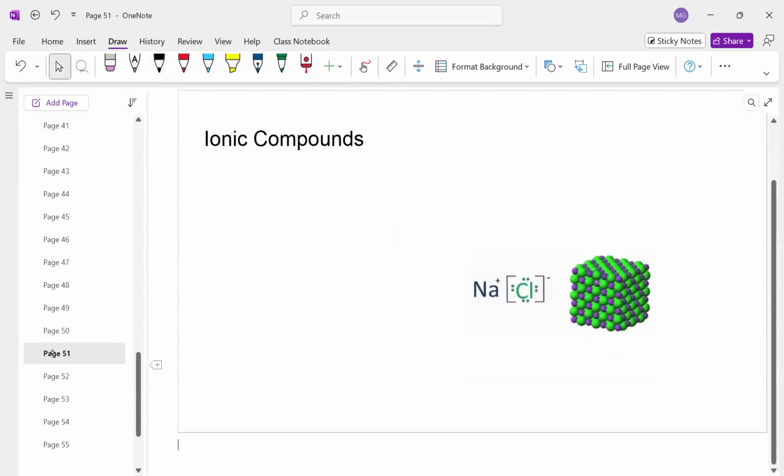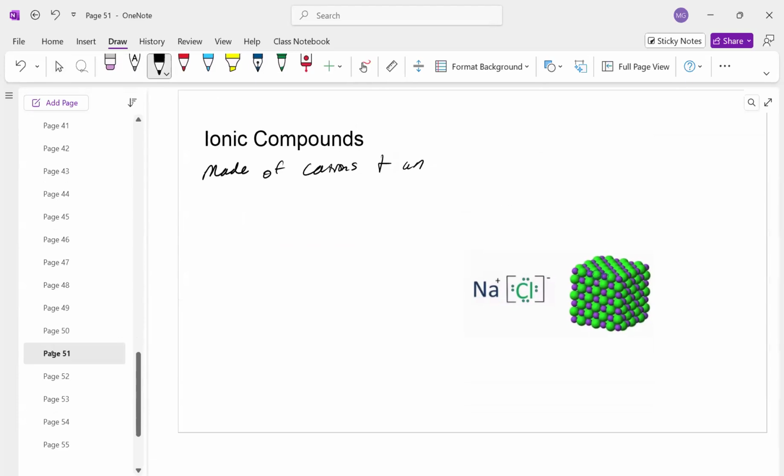Now, ionic compounds, and we've highlighted this before, but again, just to review, are made of cations and anions. Cations have a positive charge, and we find those in the metals. Anions have a negative charge, and things that can develop a negative charge are the nonmetals, like, for example, a sodium cation and a chloride anion.